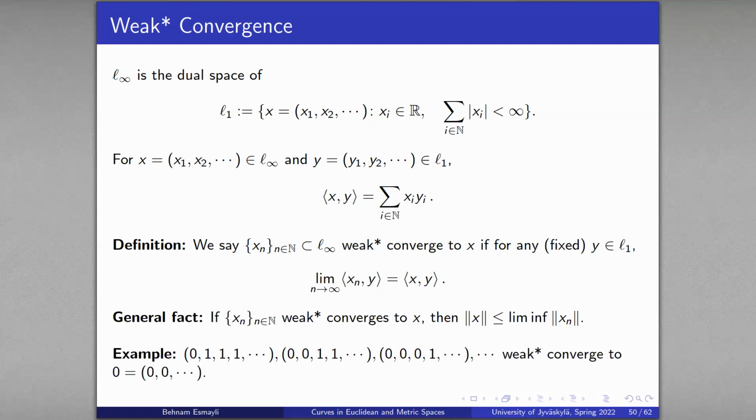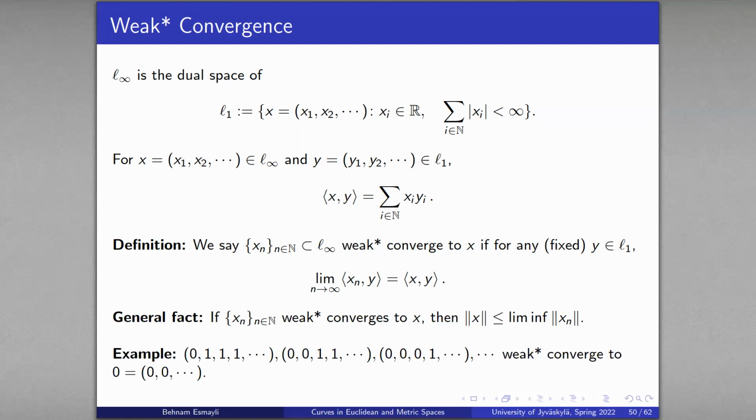If you have this sequence, every single one of these is in L infinity because their infinity norms are equal to 1, despite having a tail of all ones. And these weak star converge to just 0, 0, 0.